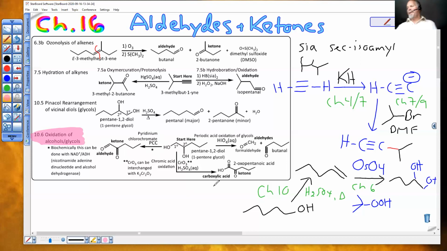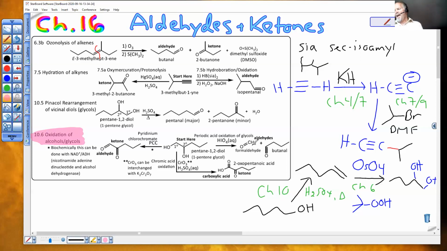And I don't believe we're going to do any periodic acid oxidations this chapter, but I do want to remind you, they also made aldehydes and ketones. It's kind of reminiscent of the ozonolysis if you look at it. This molecule is breaking down, diols break down to things that look like ozonolysis products. And there was a periodate ester in that one.